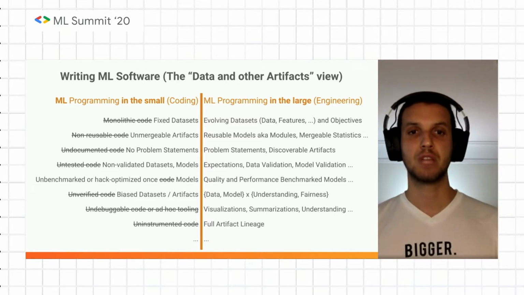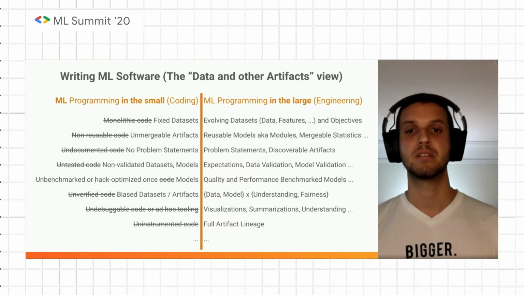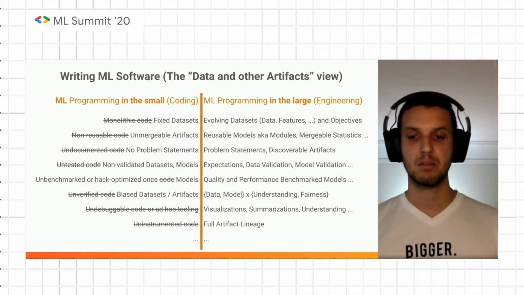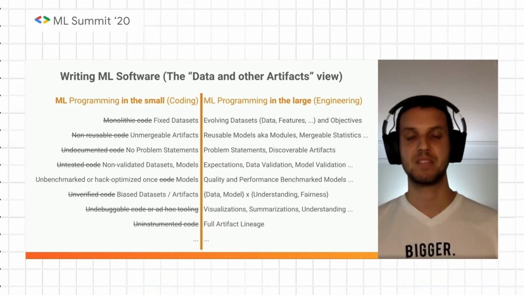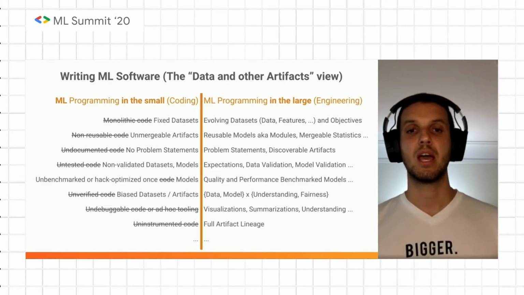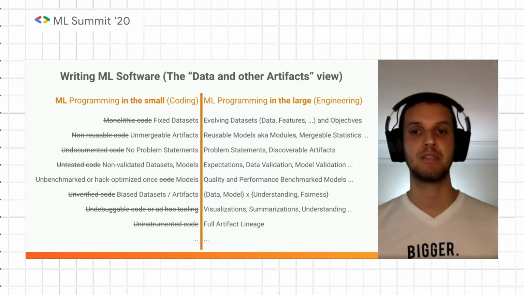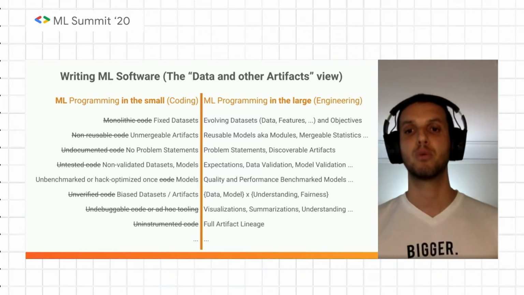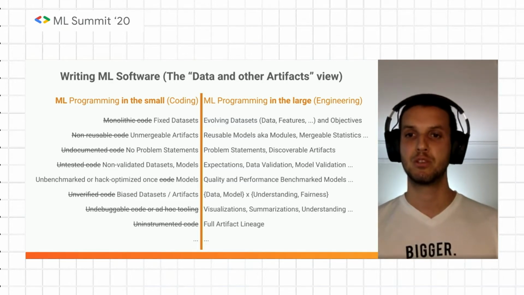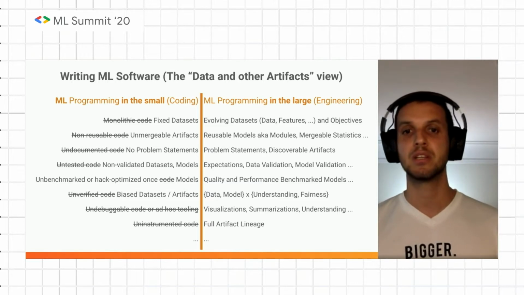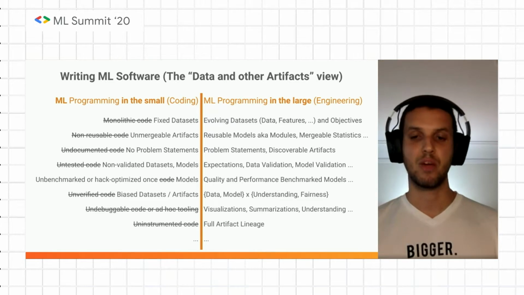What's important to take from this is that when we are implementing our machine learning solution, besides having code concerns and challenges, we also have data challenges. For example, we need to perform data validation, we need to perform our model evaluation, and at the same time, we also need to understand how fair our model is.